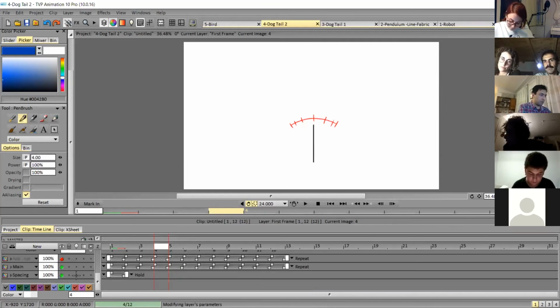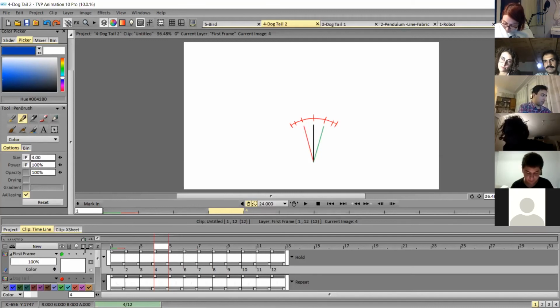So let me turn on my light table. So here is the maximum speed. So we have the maximum overlapping action here. This would be like this.